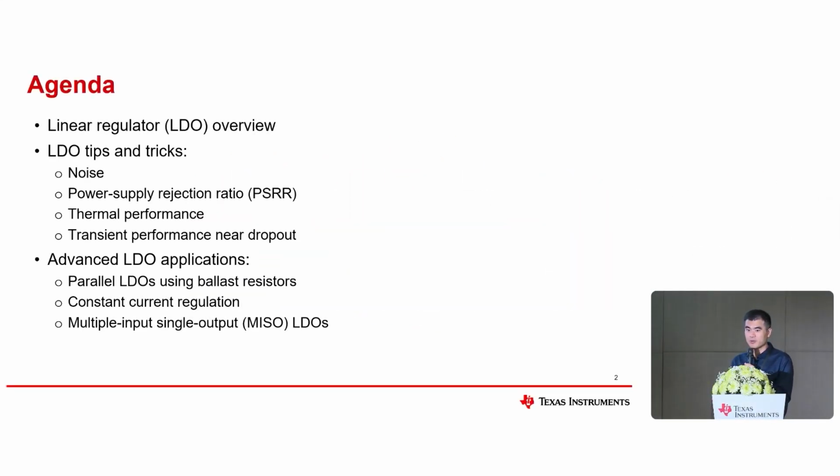Today's agenda, we will go through what is the basic linear regulator, followed by LDO tips and tricks. It will cover the noise, power supply rejection ratio, as we call the PSRR, and also the thermal performance.